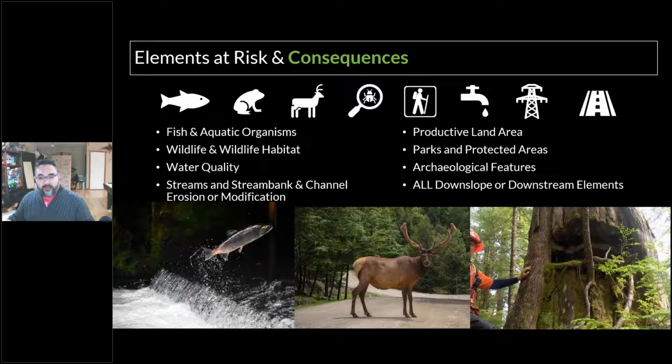If all of a sudden you add, for example, more fine-grained materials in there, then you're going to change the ability for those fish to spawn. So from that small level down to the landscape level of fragmentation of habitat, like we were talking about with the wolves up north, and the overall movement of that wildlife.